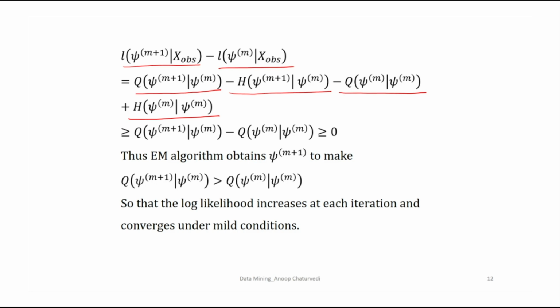Now this is greater than or equal to Q(psi m plus 1 given psi m) minus Q(psi m given psi m), because this quantity is always greater than or equal to 0. So thus the EM algorithm obtains psi m plus 1 to make Q(psi m plus 1 given psi m) greater than Q(psi m given psi m).